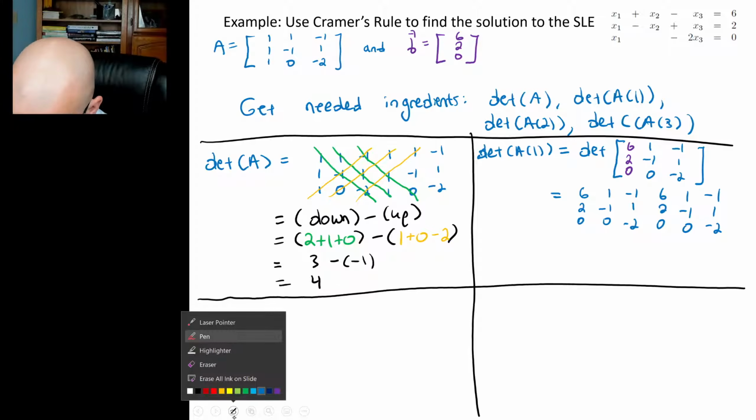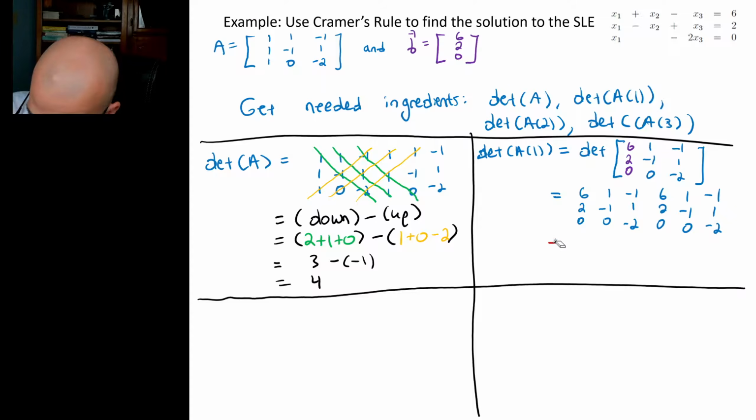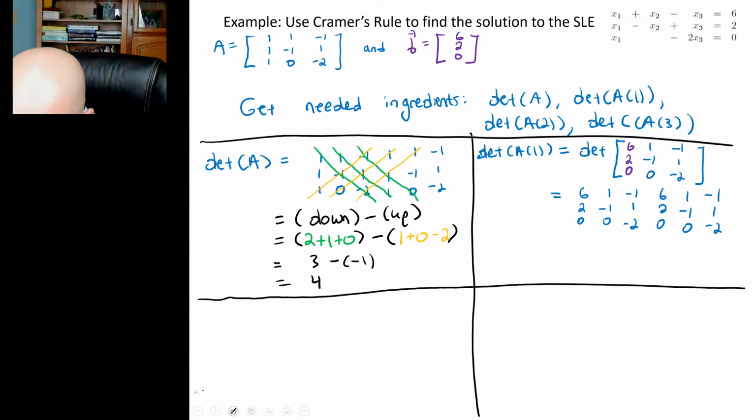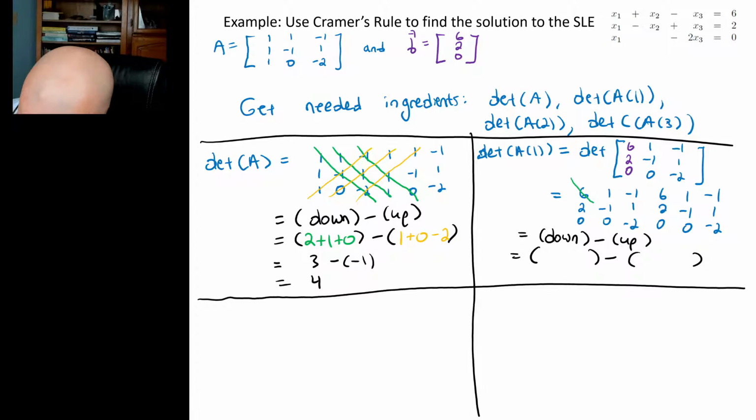And then we'll have down products minus up products. And hopefully a nice number comes out. So the first down product, we get 12. Second down product, we get 0.